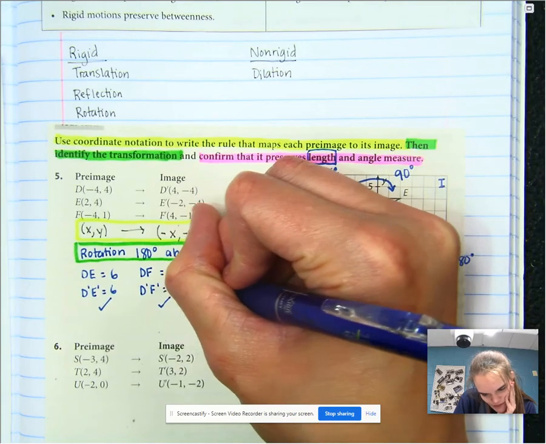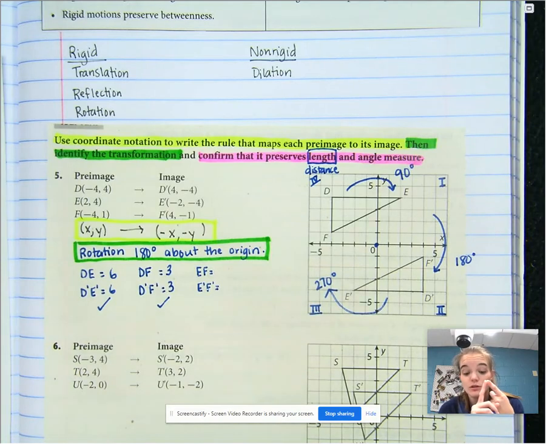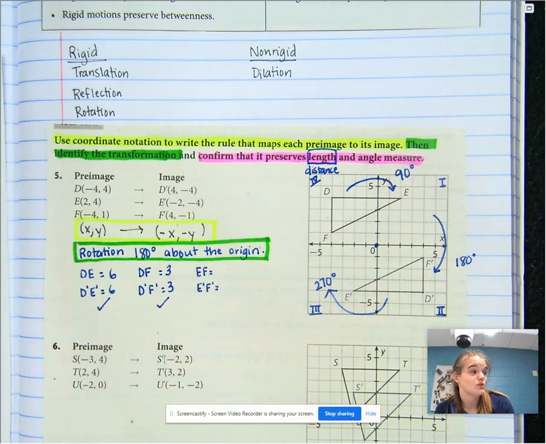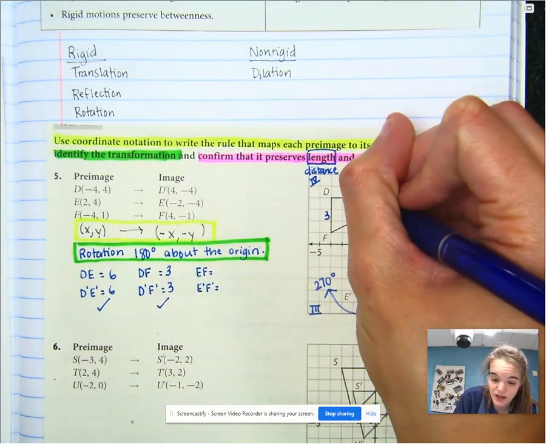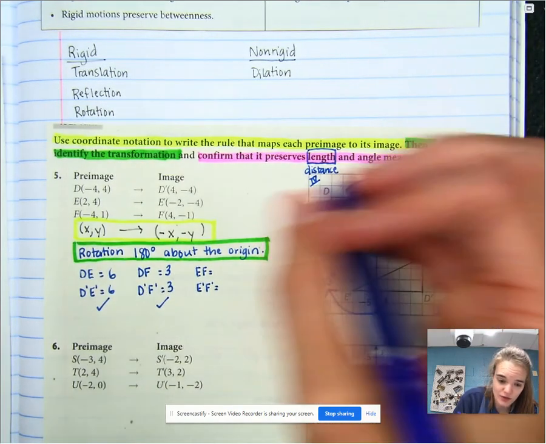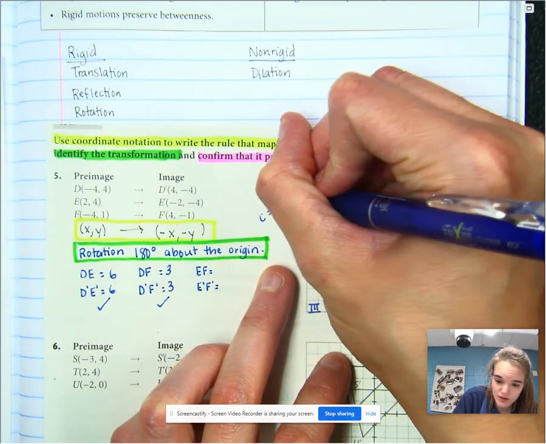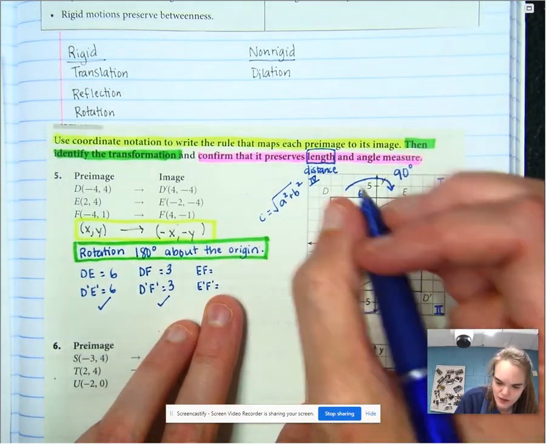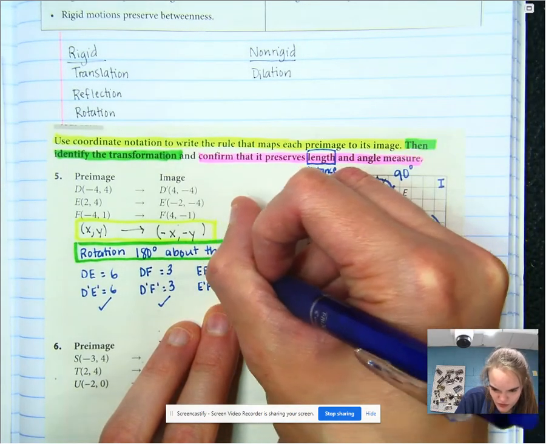E prime, F prime. Now I'm going to have to use either the distance formula with the points E and F, or the Pythagorean theorem. And I'm going to use the Pythagorean theorem. Here's why. This is already a right triangle set up for me. Okay, guys? So the Pythagorean theorem, remember, C equals the square root of A squared plus B squared, where these are A and B. So EF is 6 squared plus 3 squared.